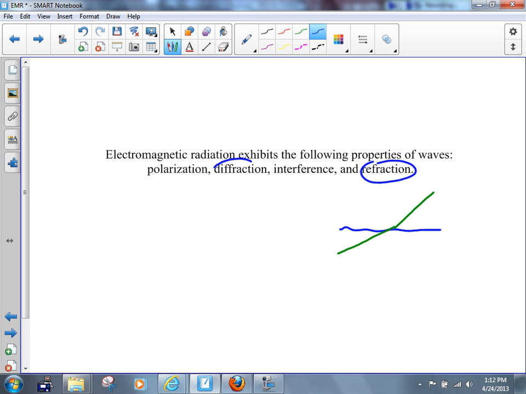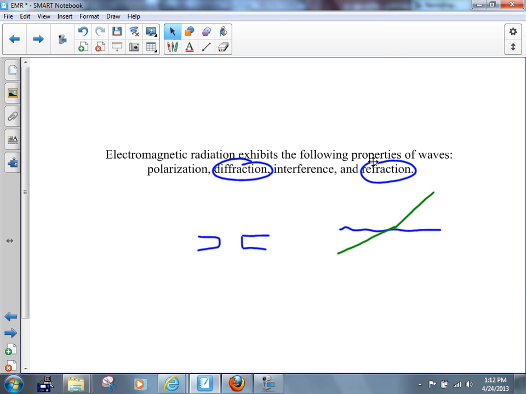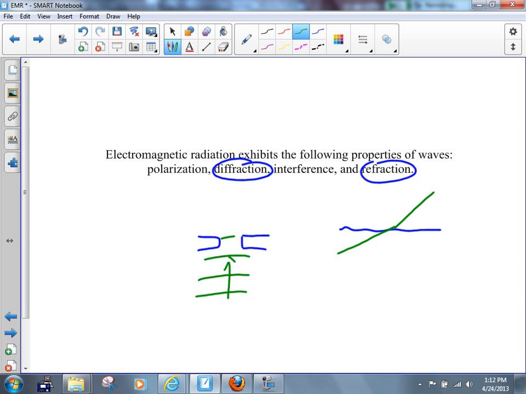What's diffraction? You learned about that in Physics 20 as well. Diffraction isn't the bending of a wave, rather, diffraction is the spreading out of a wave. My wave is represented by the green line here. There's a barrier there, so most of the wave is going to reflect when it hits that barrier, but there's a little bit that hits the opening in the middle, and when it does, that part of it is going to go right through.